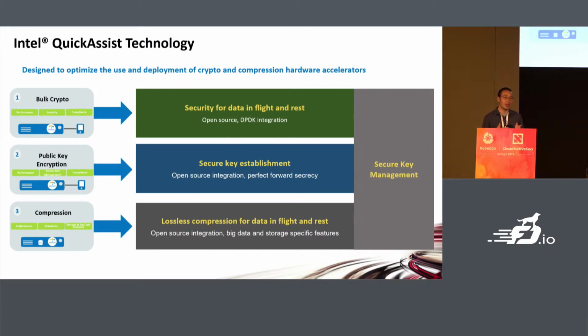It can help you for IPsec, as Jill also mentioned. For public key, it can also help you offload the public key authorization, so it can help you do the handshake. And QAT can also help you with compression, which we will work on later.